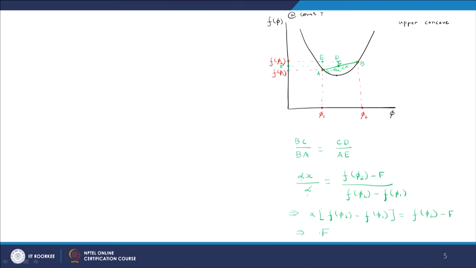If I solve this, I get f is equal to x of f phi 1 plus 1 minus x of f phi 2. Okay. And now, we have already discussed that for phase separation to occur, f of phi should be less than x of f phi 1 plus 1 minus x of f phi 2. This entire thing is my capital F in the figure.